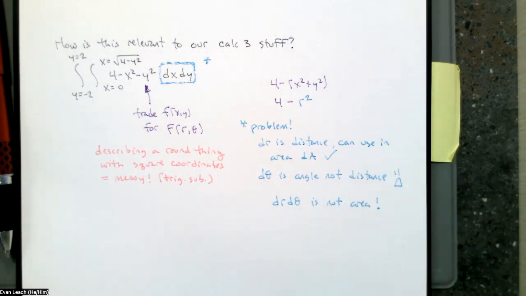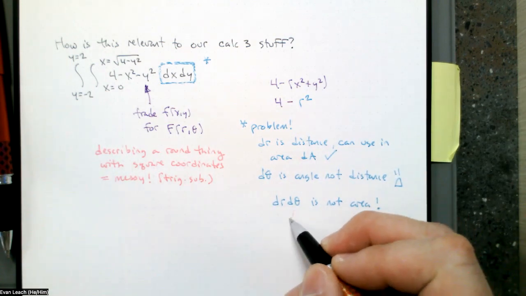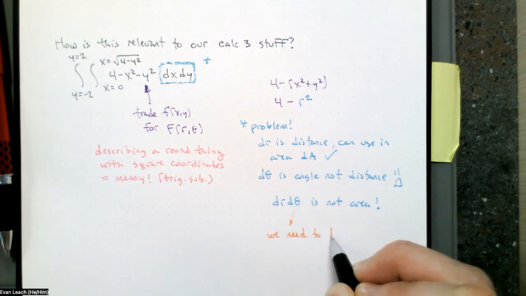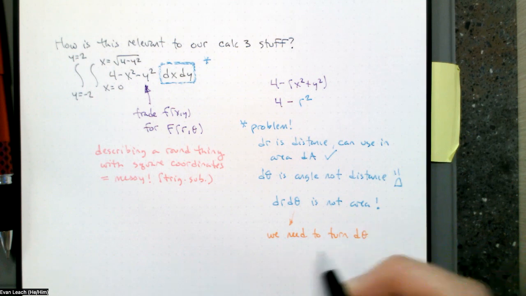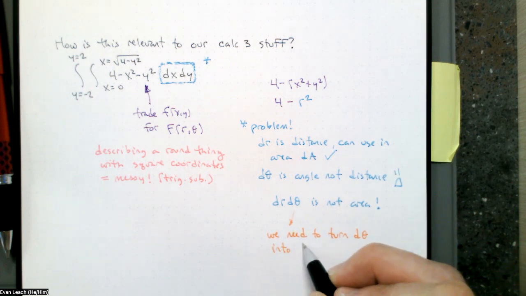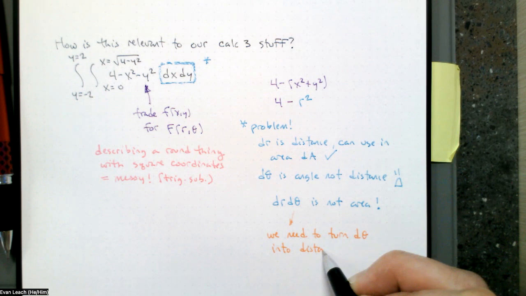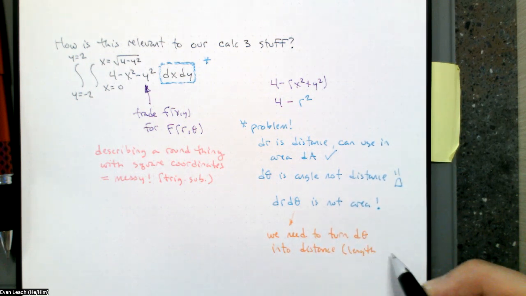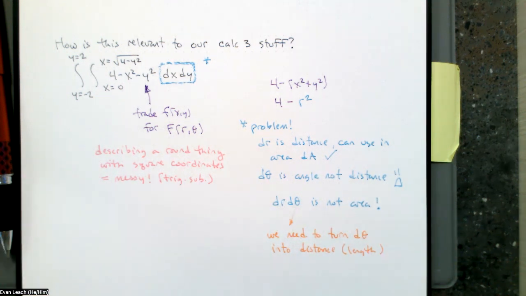So all we have to do is figure out how to make dr d theta into an area. And that's just turn d theta into a distance. So how do we turn d theta into a distance? We need to make d theta a length, something in meters, or feet, or inches, centimeters.